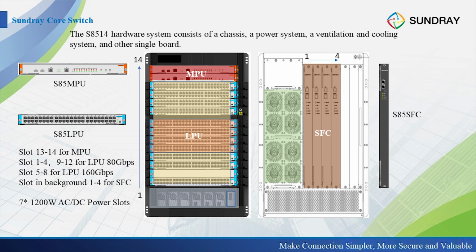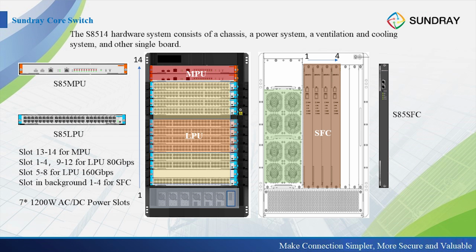This one can support 18 boards. As you can see, from the bottom to the top, there are 14 slots. Slots 13 and 14 are for the main processing unit, the control board, and slots 1 to 12 are for the line processing unit.